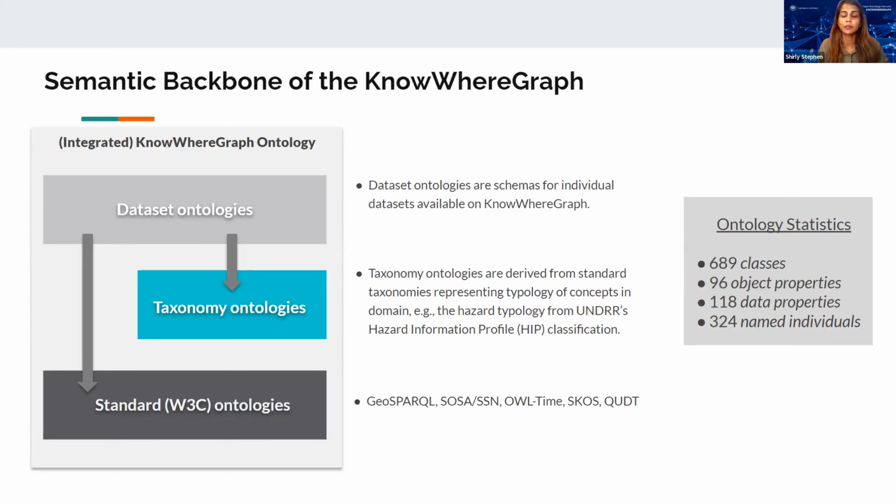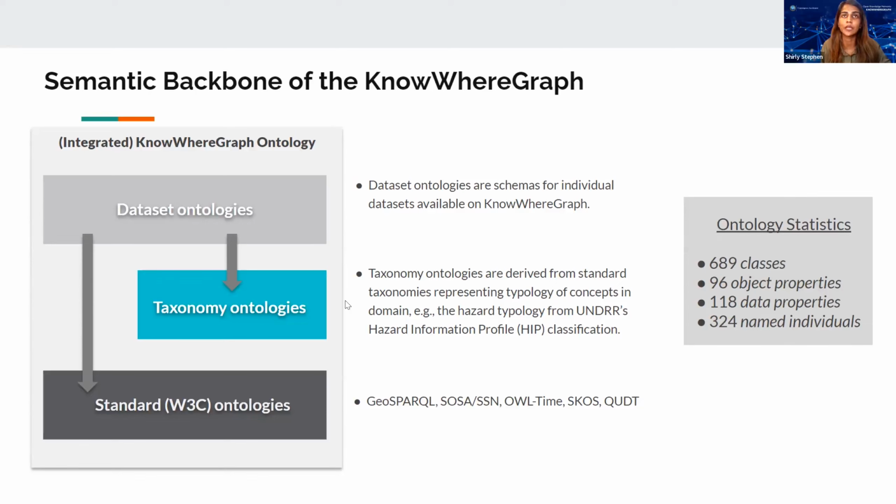Now I will talk about the KnowWhereGraph ontology, which forms the semantic backbone of our KnowWhereGraph. The overall design of the ontology follows a 3-tiered framework. Going upward, at the lowermost level are the dataset ontologies, which contain the classes, properties, and named individuals corresponding to each individual dataset. At the next level, we have the taxonomy ontologies.